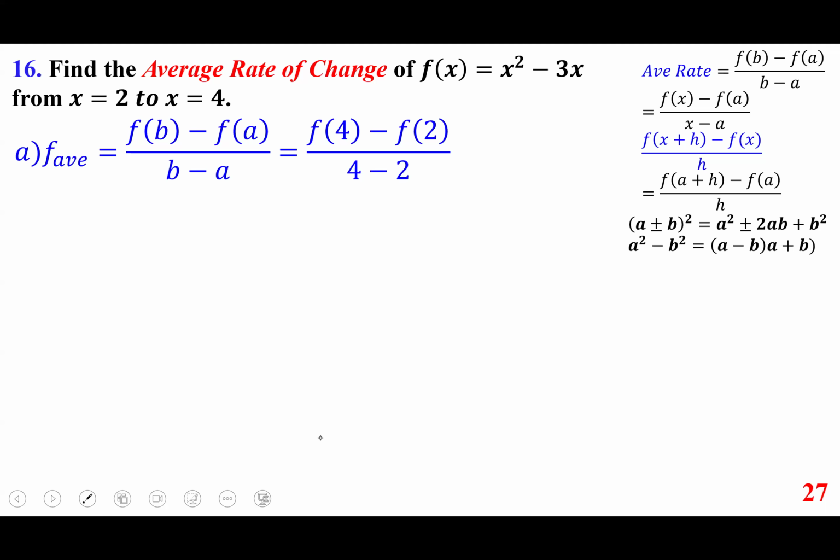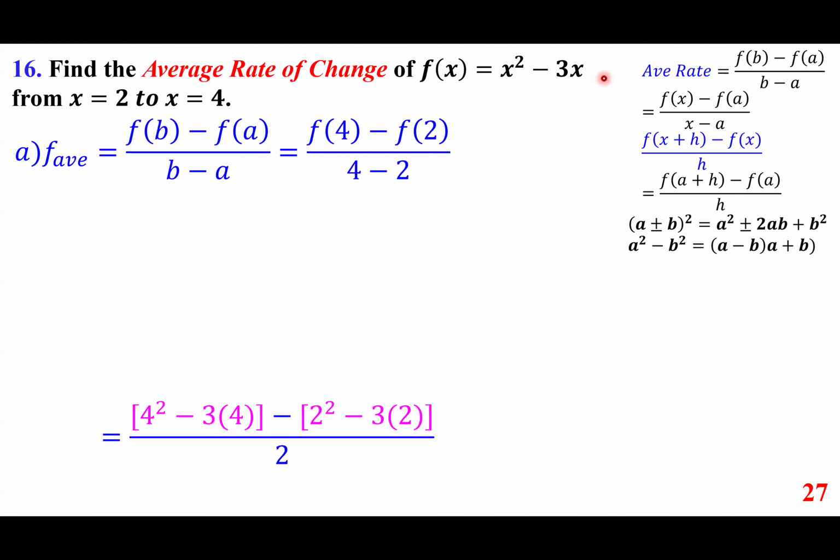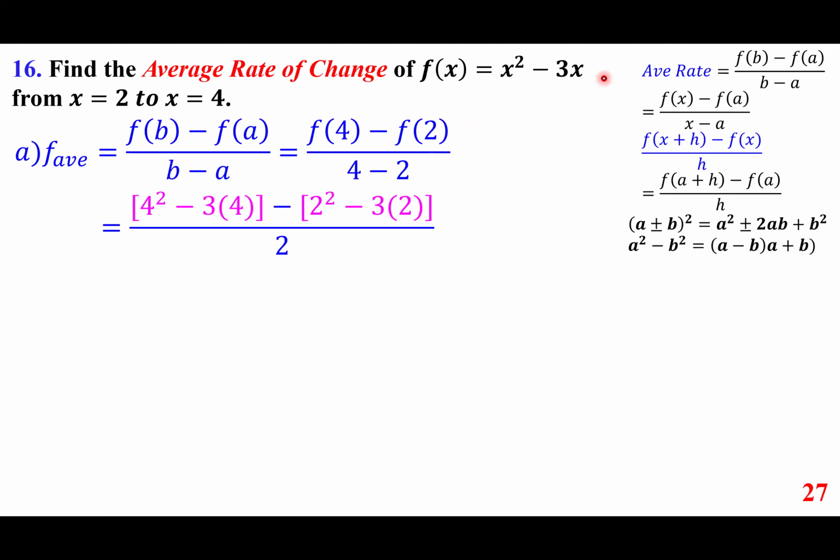So having said that, we are going to plug in 4 and then 2. So 4 squared minus 3 times 4, minus 2 squared minus 3 times 2. And so let's see what we get here.